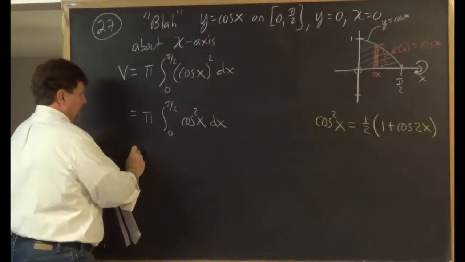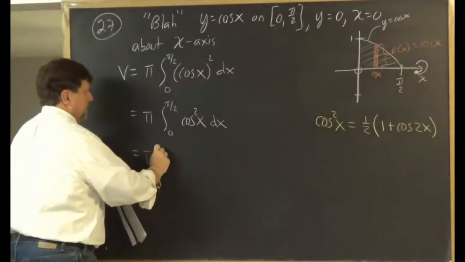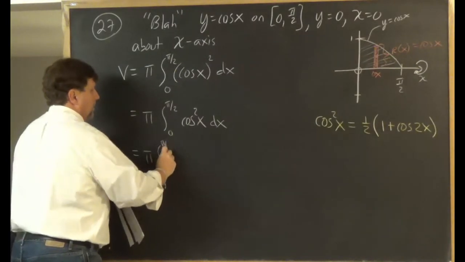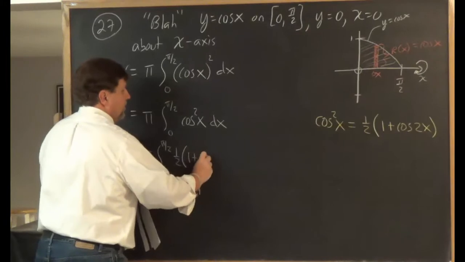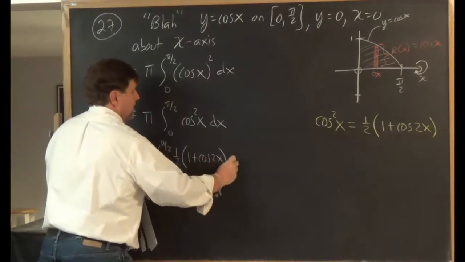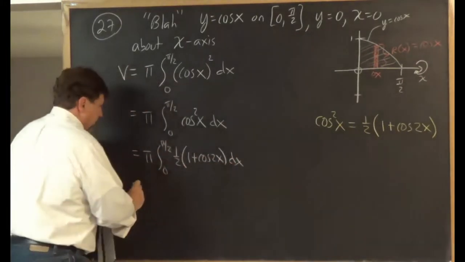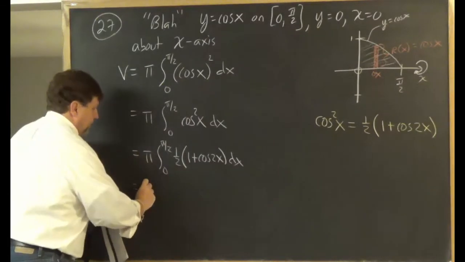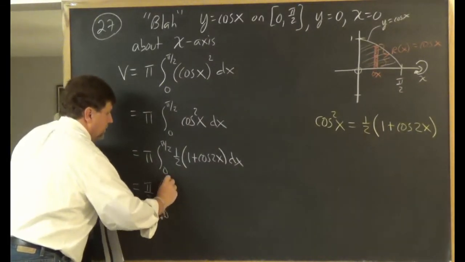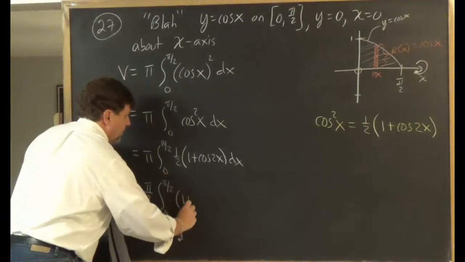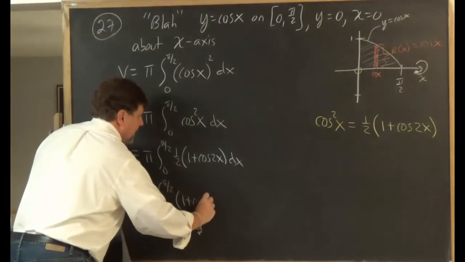So I replace the cosine squared x with 1/2 quantity 1 plus cosine 2x. And then I would rip the 1/2 out front. So I get pi over 2 times the integral from 0 to pi over 2 of 1 plus cosine 2x.